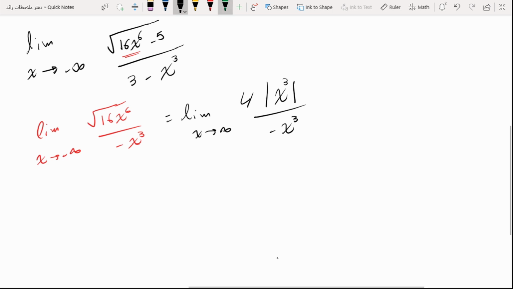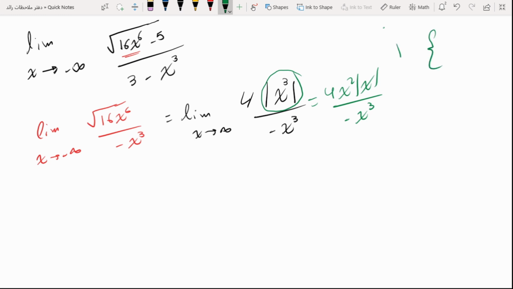Now, before that, I will define the absolute value of x. I can rewrite it as 4x to the power of 2 times the absolute value of x over negative x to the power of 3, or you can take it all, you are free.